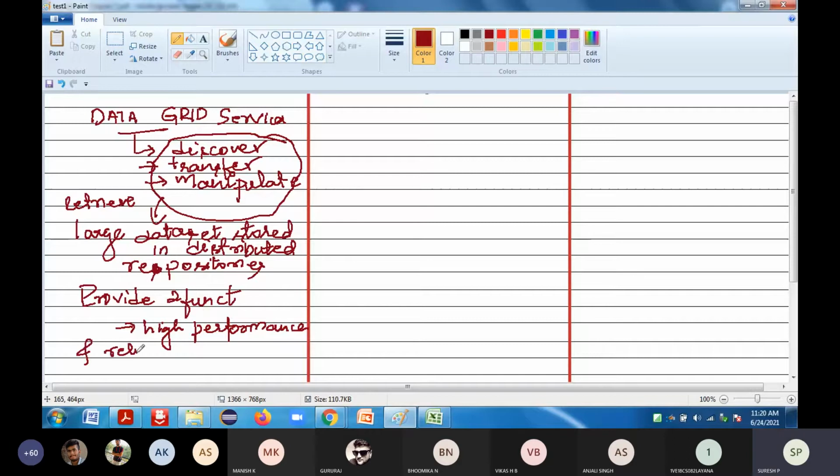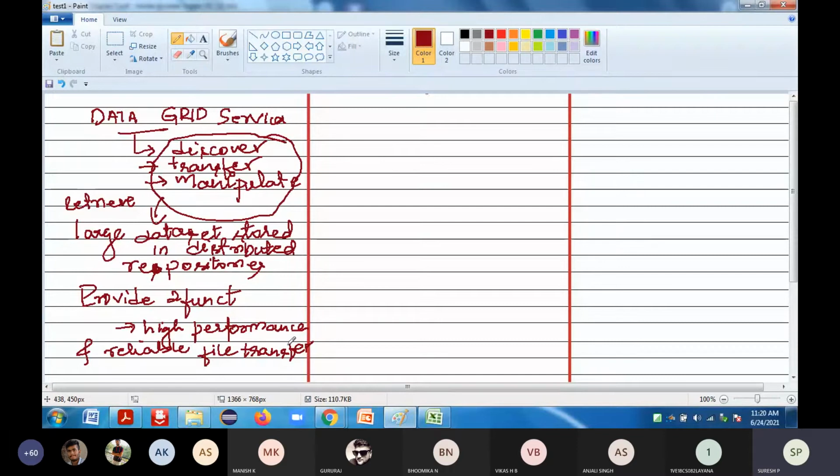Because the data has to be retrieved from distributed repositories located all across the globe, you should have high performance, and the correct file has to be retrieved, so reliable file transfer should be there while moving large amounts of data.